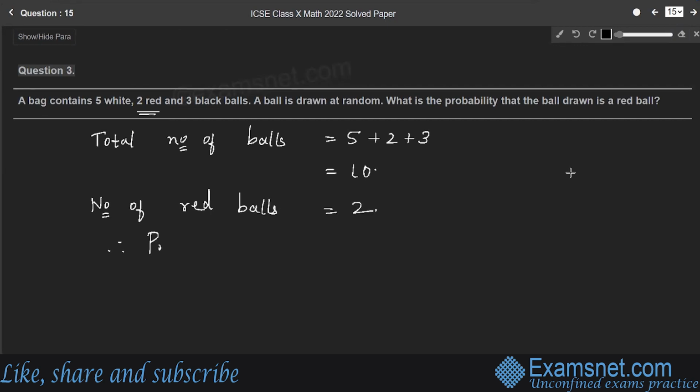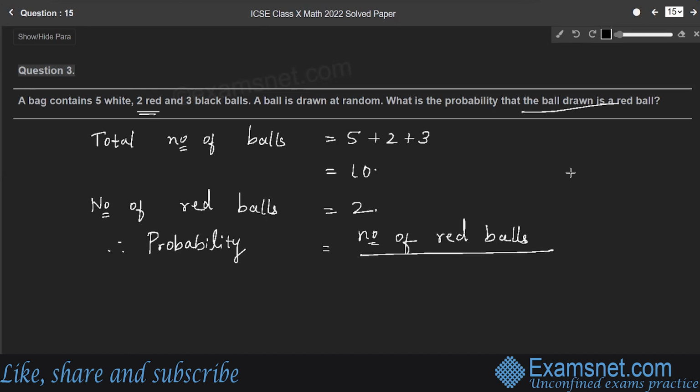Therefore, the probability that the ball drawn is red is equal to the number of red balls, which in general terms we call favorable outcomes, divided by the total number of balls.